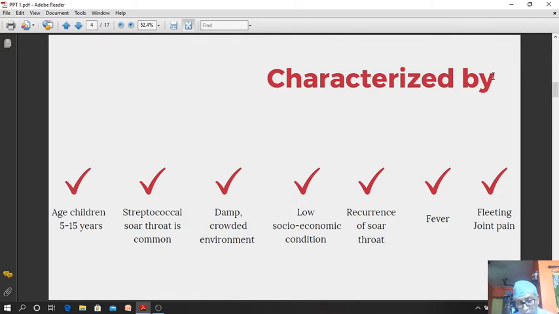They are from low socio-economic backgrounds, and recurrence of sore throat is a very common implicating factor. They present with fever and fleeting joint pain. Fleeting joint pain means the joint involvement travels from one big joint to another big joint. One inflamed big joint subsides, then another joint is affected.